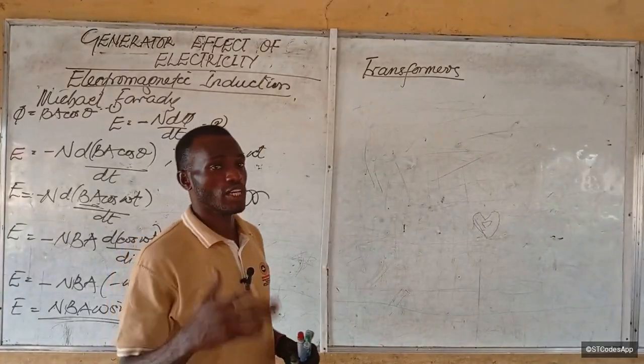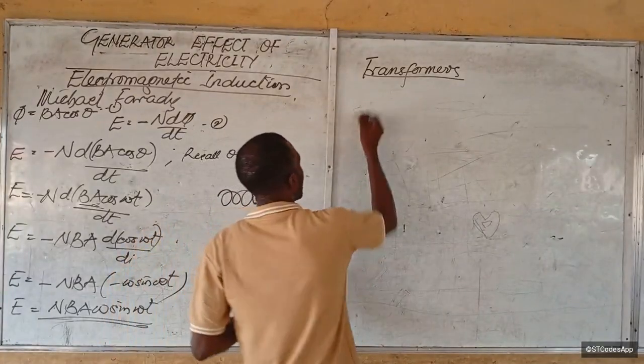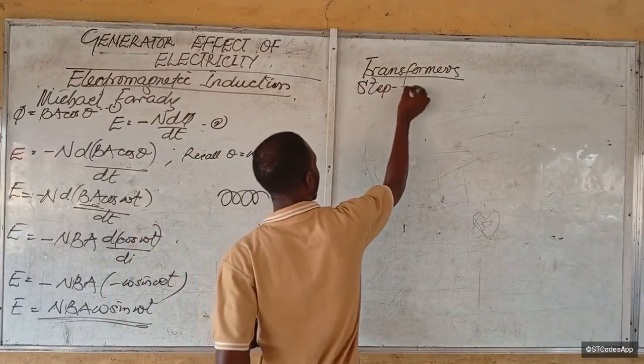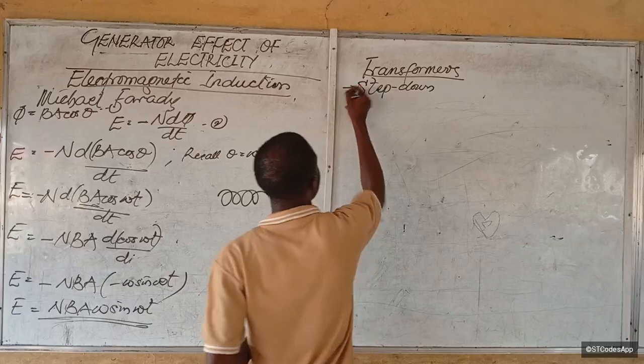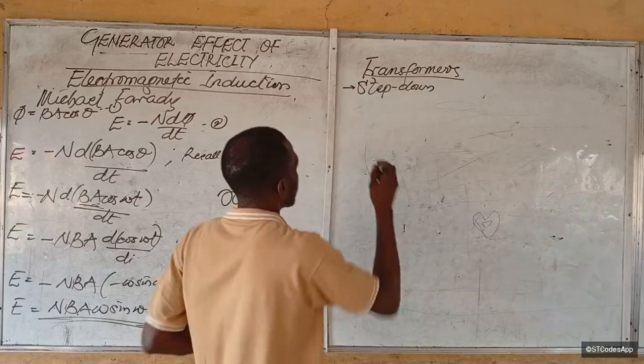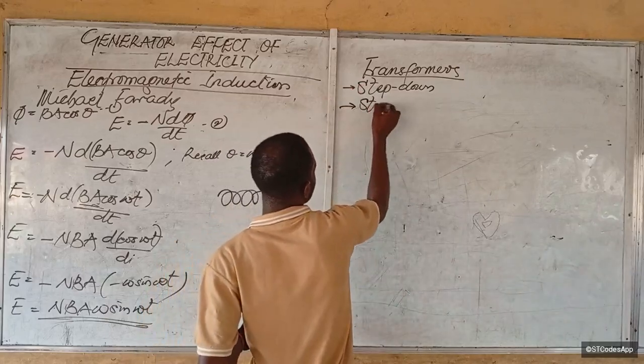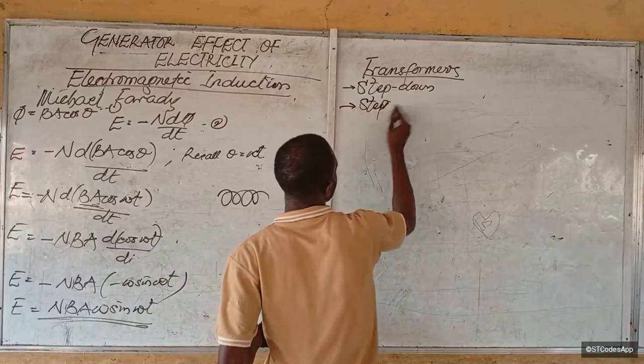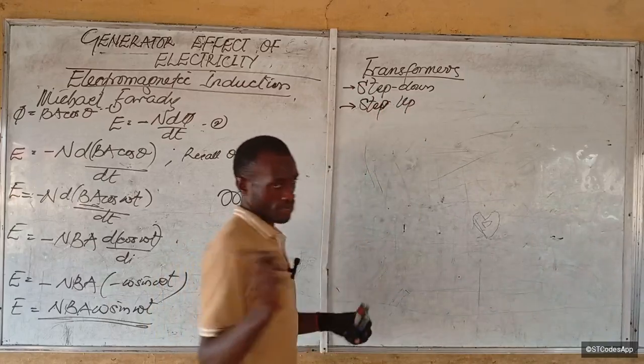And for a transformer that steps down voltage, we call it a step down transformer. And for one that steps up or increases voltage, we call it what? A step up transformer.